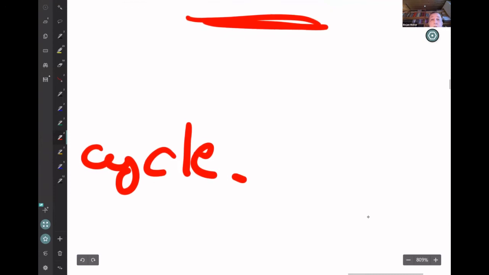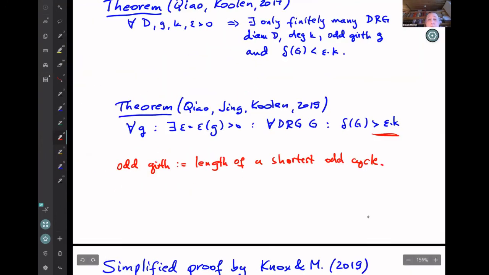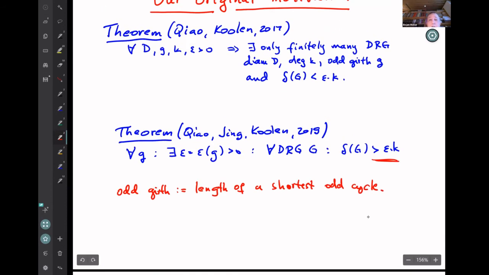Now, when I saw this paper, I was discussing with my postdoc, Fiachra Knox, and we both said, well, what's going on? Why is this so complicated? And basically, we found a simplified proof. Let me just show you that.